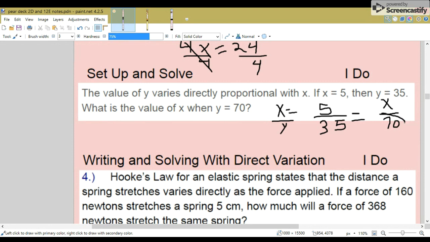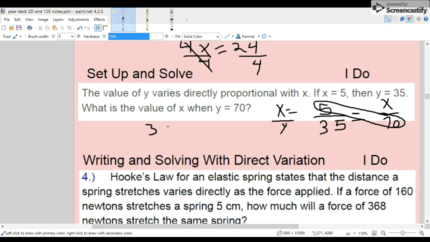So we're going to cross multiply. 350 equals 35x.